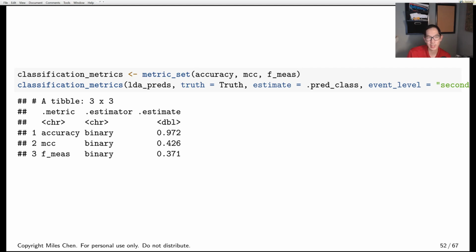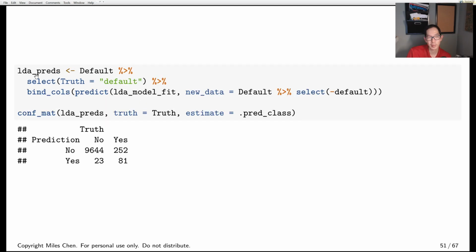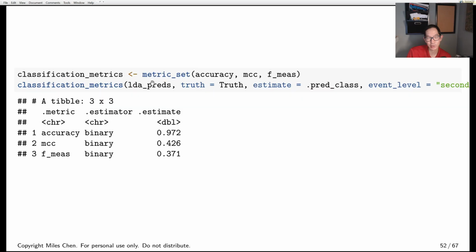Here again, I can create a metric set and ask it to calculate the metrics for our data. In my metric set, I want the accuracy, the MCC, basically the phi coefficient, and my F score, my F measure, which we talked about when we did logistic regression. Then I calculate the classification metrics based on our table of predictions and true values.